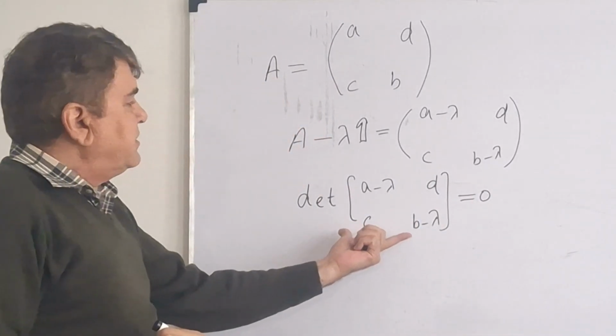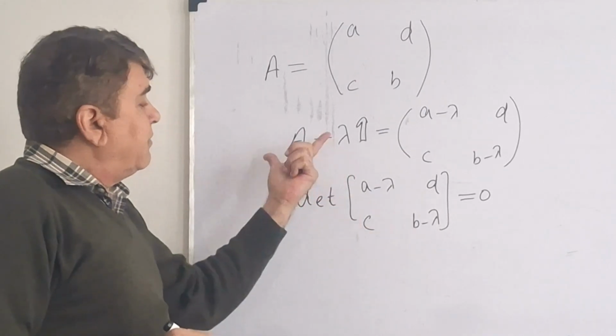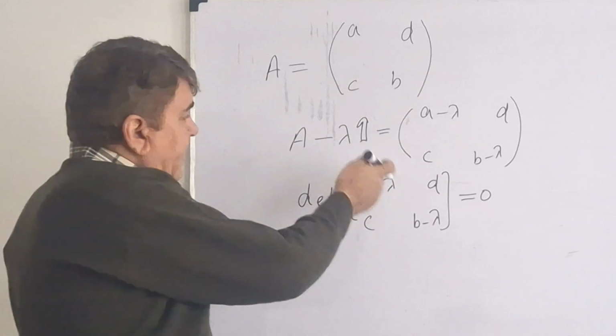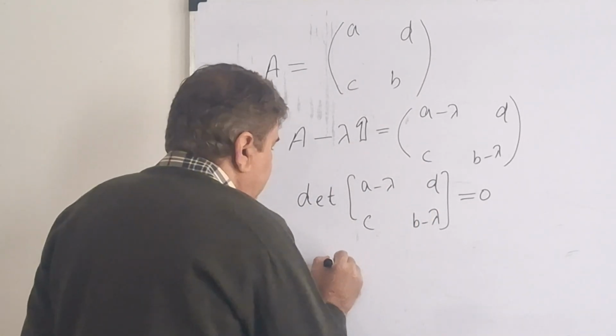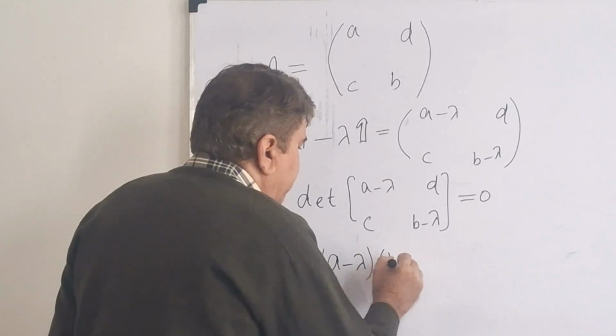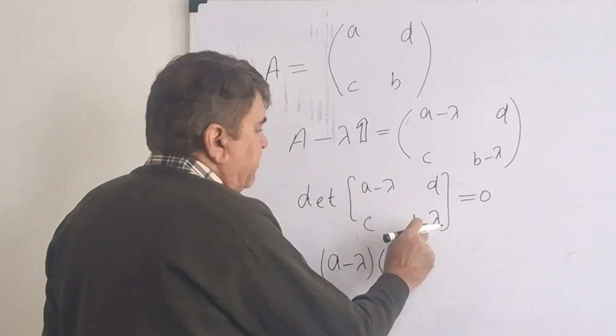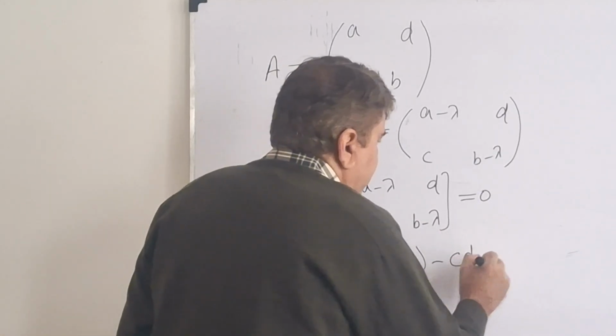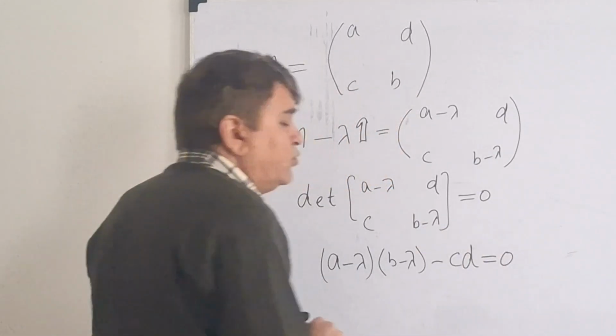If this condition is true, only then can we solve the eigenvalue equation. So I can find the determinant of this, which is in fact A minus lambda times D minus lambda. That is, I multiplied the diagonal terms and then minus the off diagonal terms, and I'll set this equal to 0.